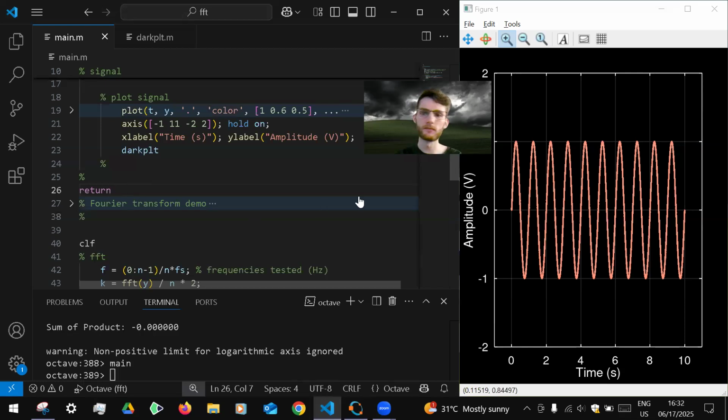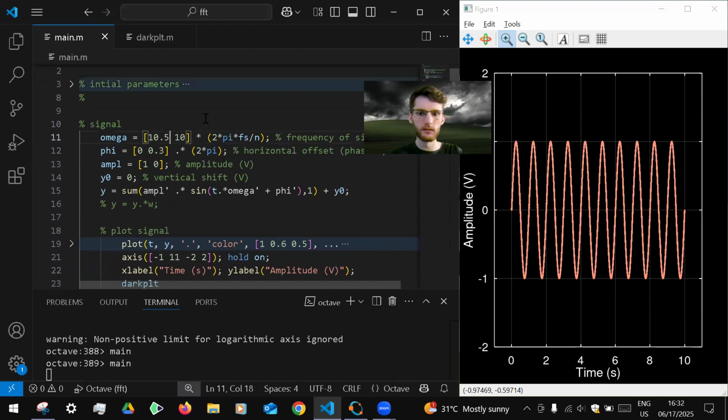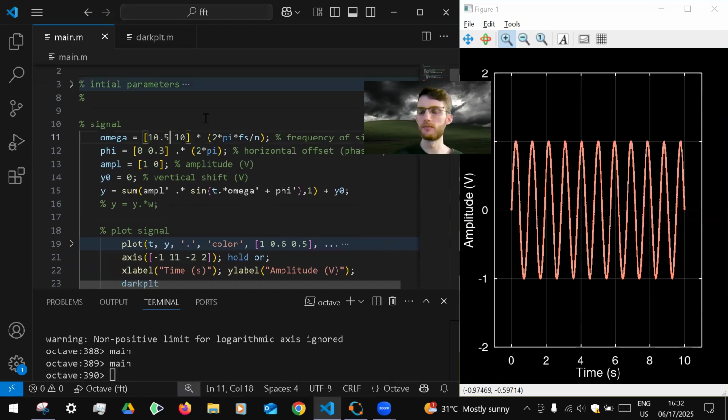So let's say everything we've been looking at so far has been sinusoids that fit perfectly into the window we are looking at. But what if it doesn't? What if instead it is kind of halfway? So this is showing 10 and a half cycles. It's not an integer.